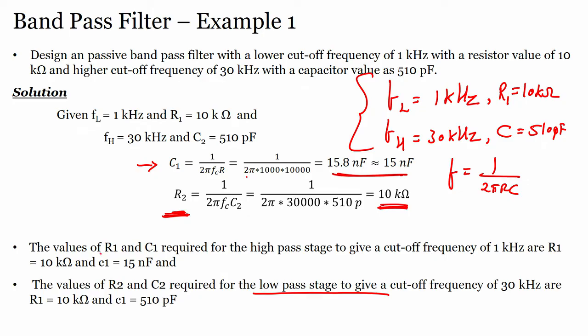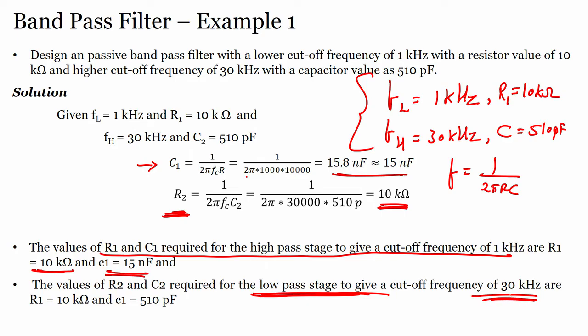So R1 and C1 required for the high pass stage to give a cutoff frequency of 1 kilohertz are 10 kilo ohm and 15 nanofarad, while R2 C2 for the low pass filter at 30 kilohertz are 10 kilo ohm and 510 picofarad, right. So, these values we can calculate, and from this we can now design a passive band pass filter.